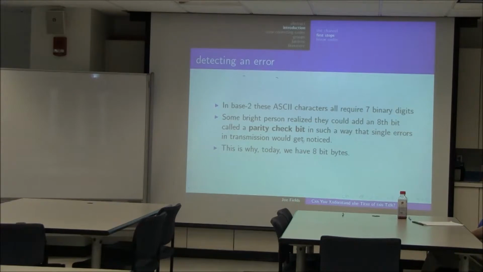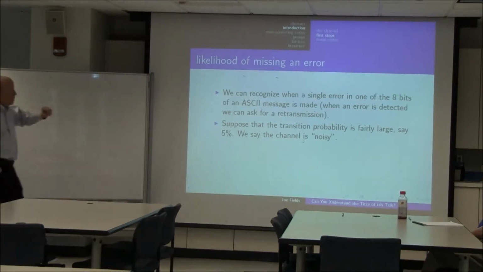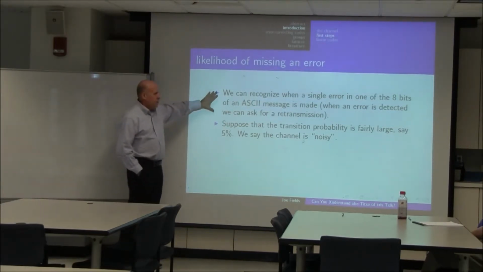8-bit bytes come from ASCII and the fact that they threw in a parity check bit. But if you get a message that's got like 7 ones in it, it couldn't be right. You're only going to have messages that have an even number of ones if no errors have occurred. This is still a part of the TCP protocol for internet communication.